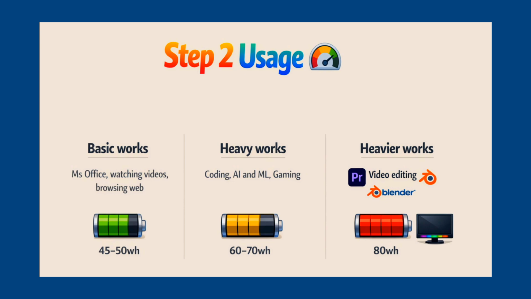Now section 2 is for people who are going to do coding or study AI or ML, gaming, etc. Students may use this because in coding you can use many IDEs like VS Code and many servers. So I would suggest Intel i5 HX series 14th gen, and i7 H series 13th gen as minimum requirement.